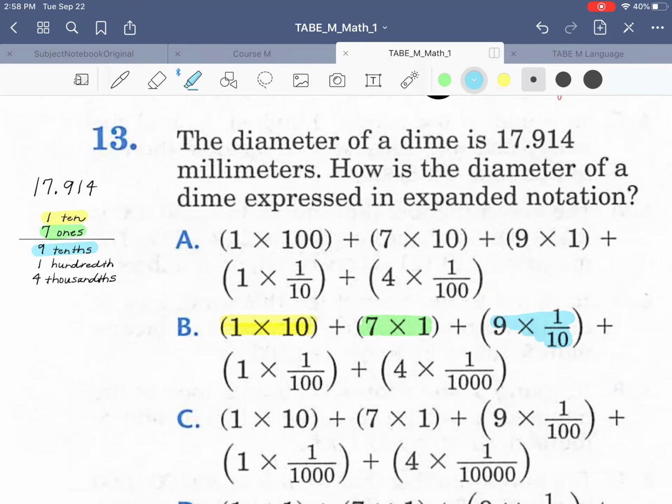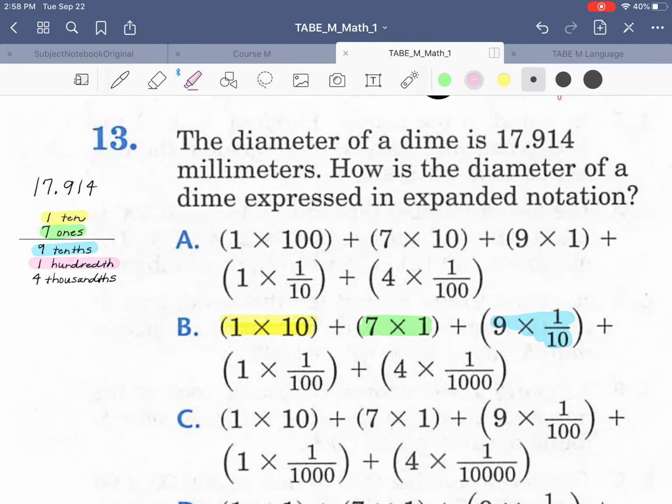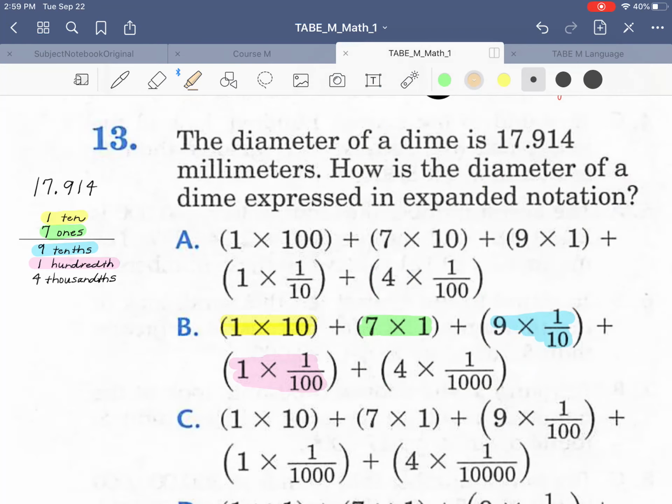Let me get a different color so we can keep them all separate. 1 hundredth. 1 times a hundredth. And if we can get one more to fit, we've got it. 4 in the thousandths place. There it is. We are looking at B as this answer.